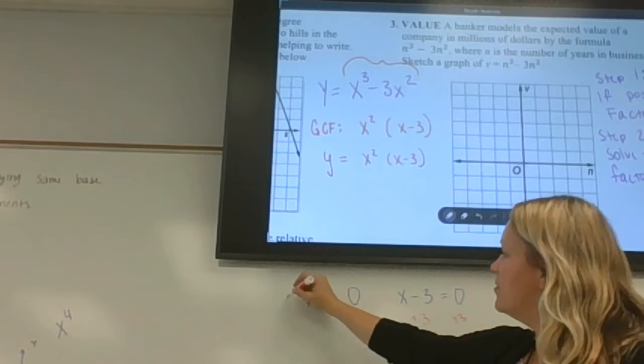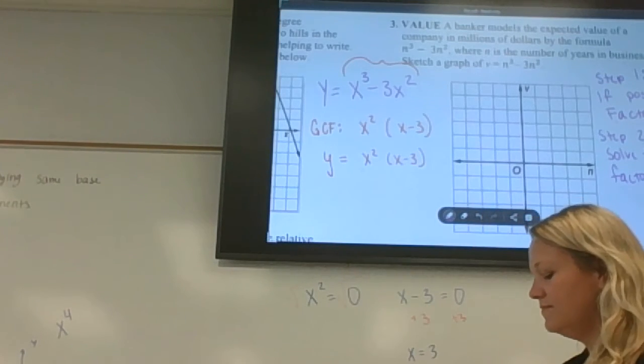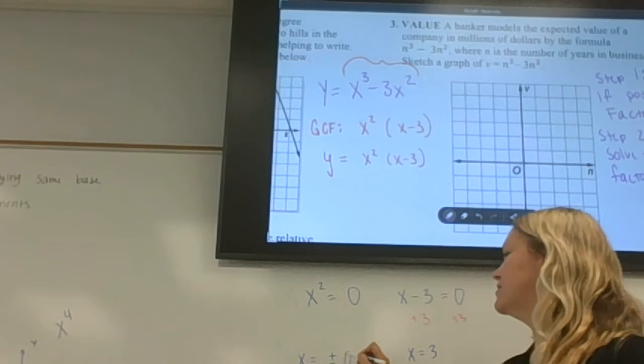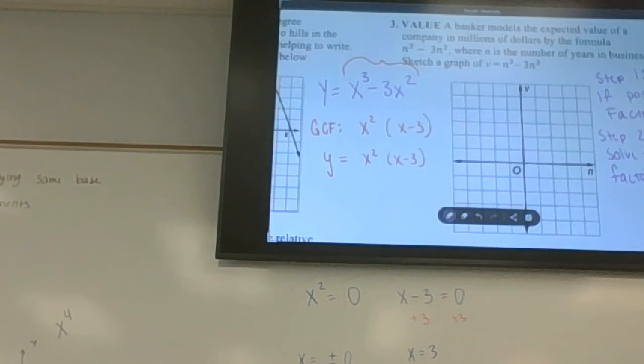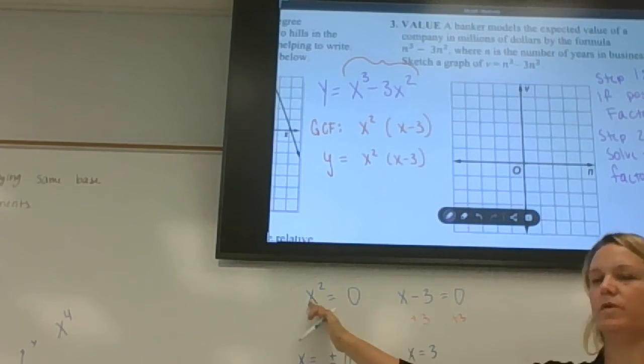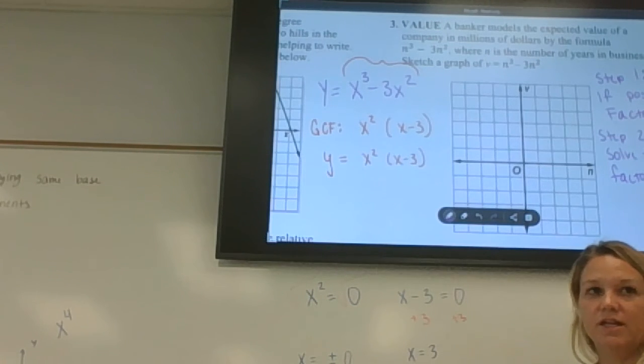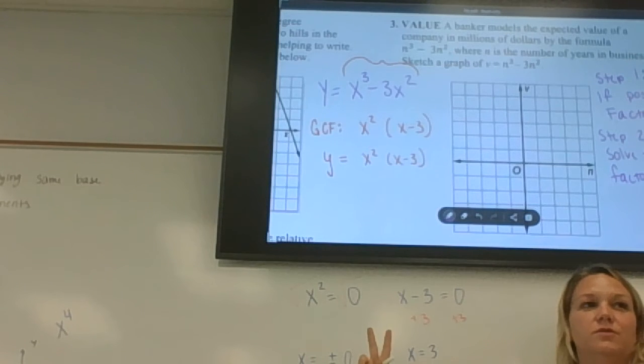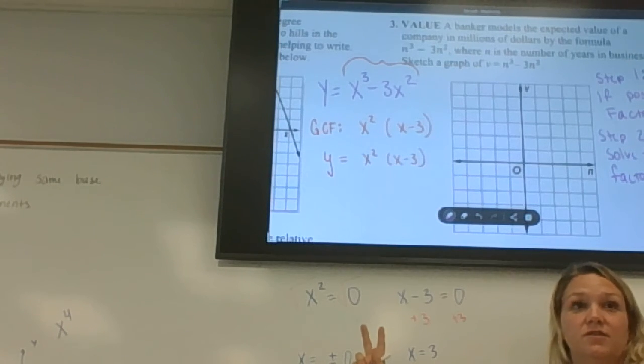Solve by square rooting. So x equals plus or minus 0. So plus and minus 0 are really the same thing. But when you square root to find an answer like this, it has what's called a multiplicity of 2. It means it counts for 2 zeros.